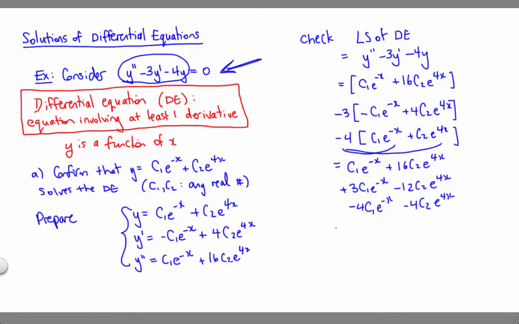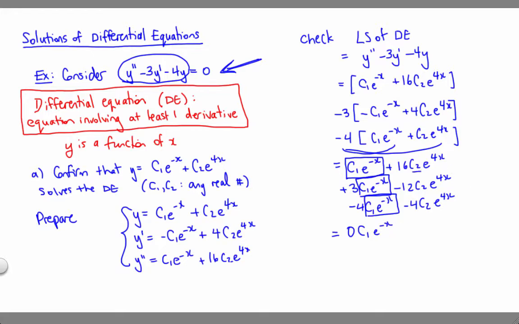So there we go. Now we're going to be able to collect like terms and simplify this. So let's look for all the terms that have the form C1 e to the minus x. We've got 1 of them here. We've got another 3 of them here. And then we've got minus 4 of them here. So overall 0 C1 e to the minus x.